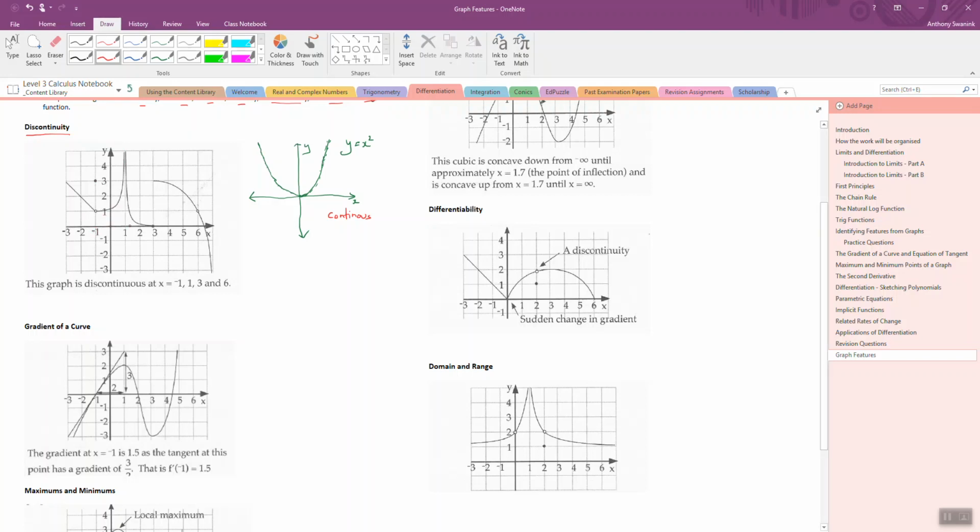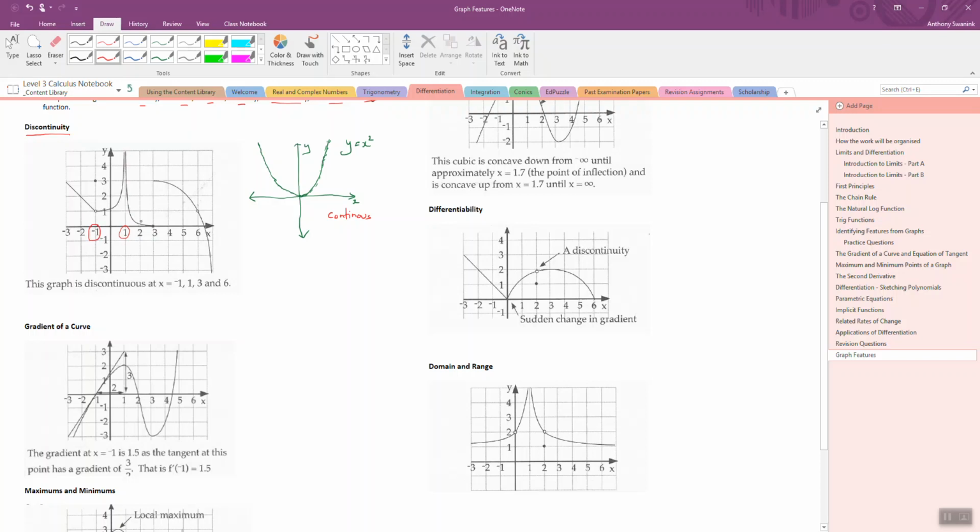If we move further on, we can see that when x is equal to 1, we've got this graph shooting up here, but then there is a break, and then to get the rest of the graph we actually have to lift our pen from the paper and start to draw this next part here. So at x equals 1 there's also a point of discontinuity, and there was one at -1.